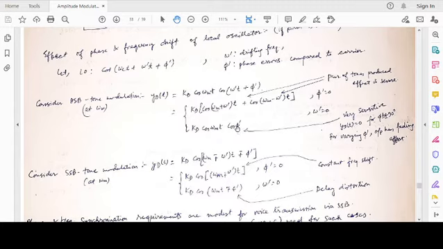If phi prime is very small, it's okay. But if phi prime is, let's say, 90 degrees, quadrature phase, then the output is 0. When you actually want an output which is the tone frequency omega m, the detector output is 0.